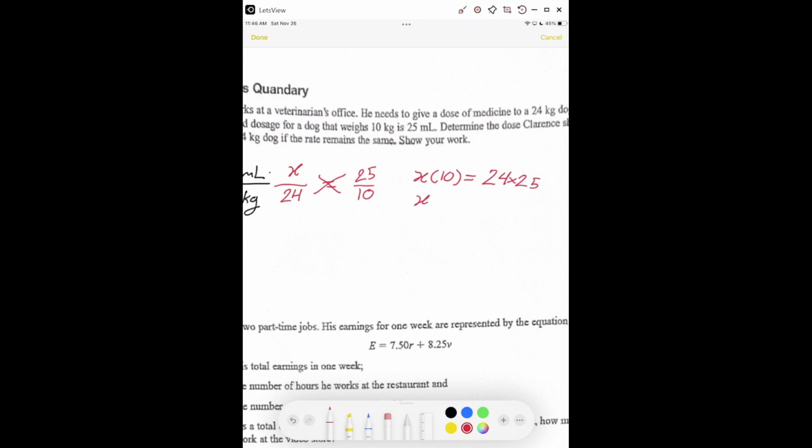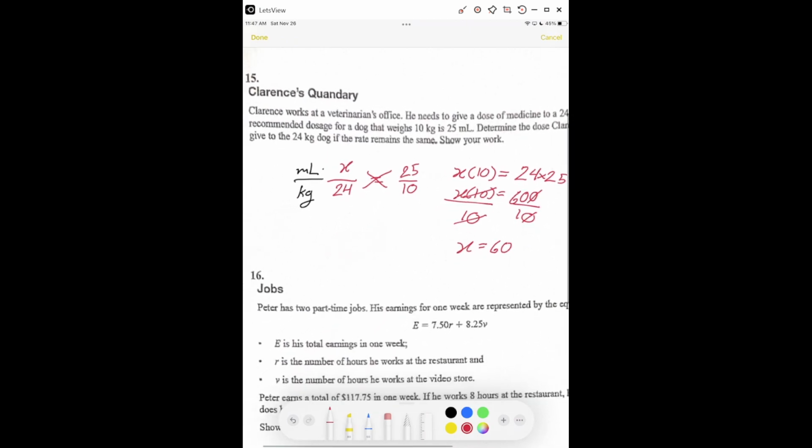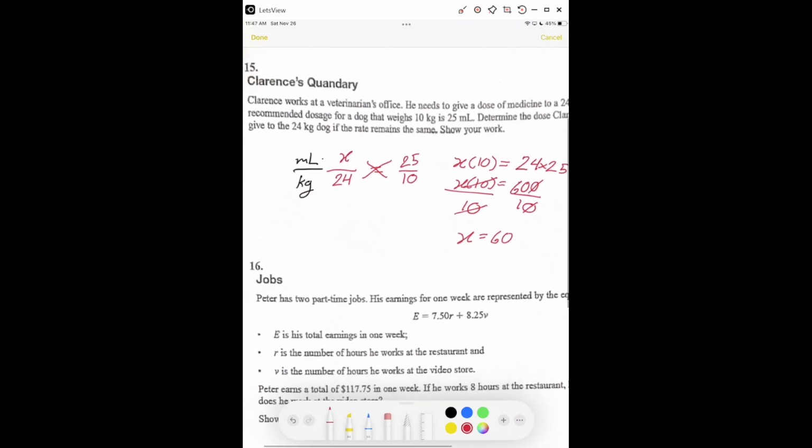Let's multiply 24 times 25, which is 600. And now we just divide by 10 on both sides. This gets cut out, and we can cut out these two zeros, and we know that x is equal to 60. So the amount of dosage is 60 milliliters.